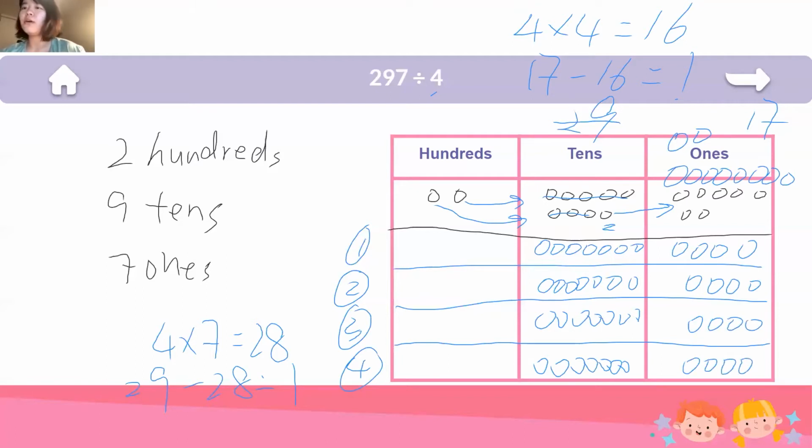So for 297 divided by 4, each group will have 1, 2, 3, 4, 5, 6, 7, 74. So the quotient is 74, and the remainder is 1. We cross everything out, and we have 1 remainder in the ones place. This is the answer for 297 divided by 4.